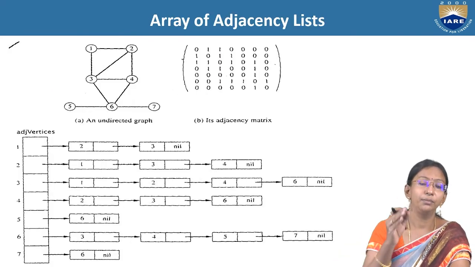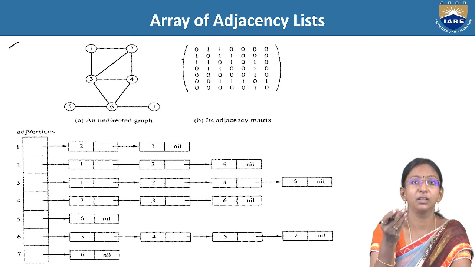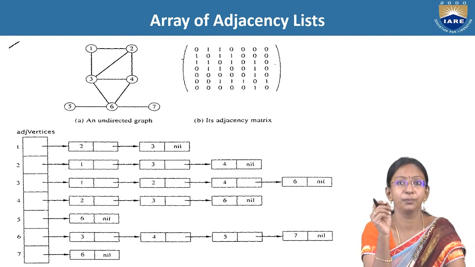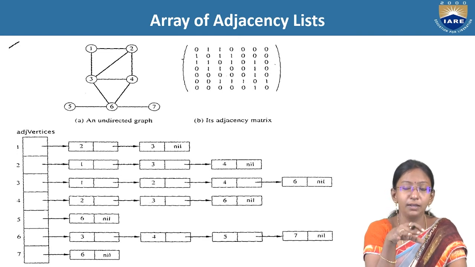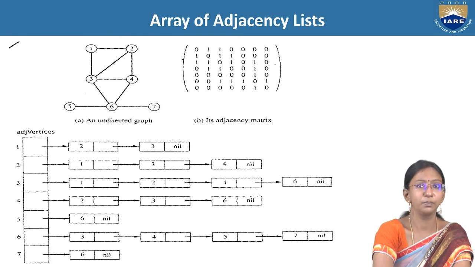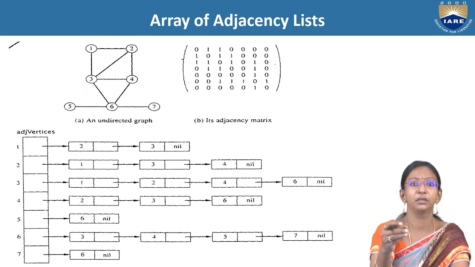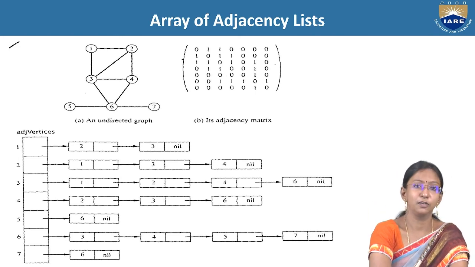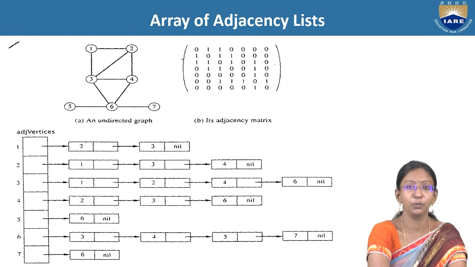Coming to representing these directed graphs using a linked list. If there are few edges and the number of nodes is high, our matrix will be sparse in nature. To overcome the disadvantage of sparse matrices, I can use a single linked list also. So have a look at this one.